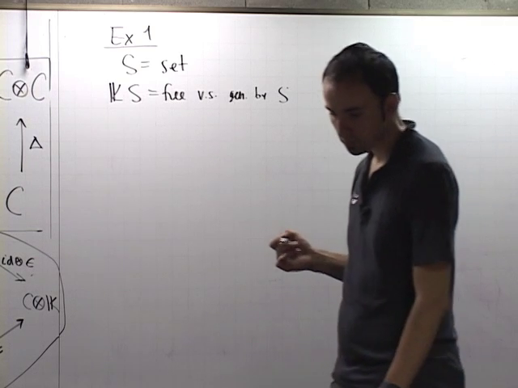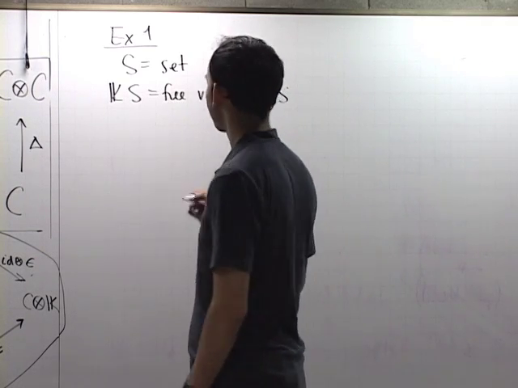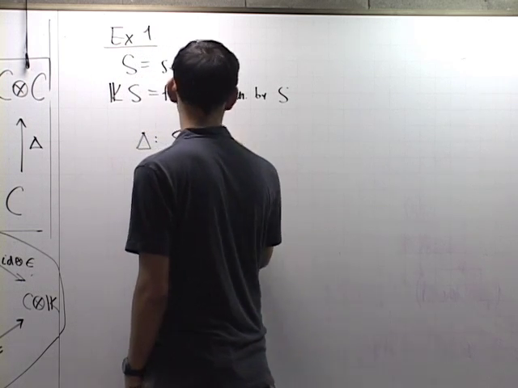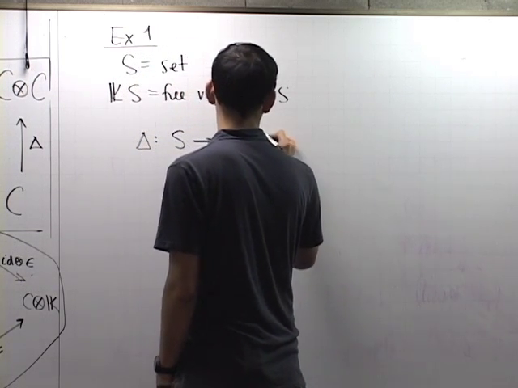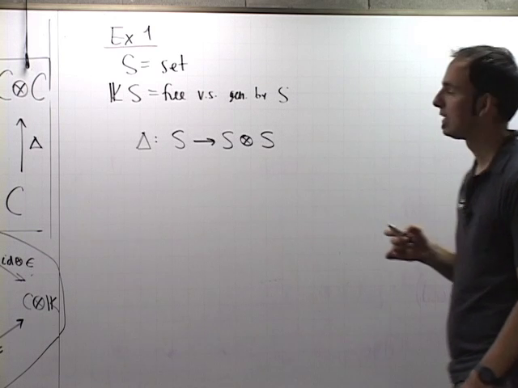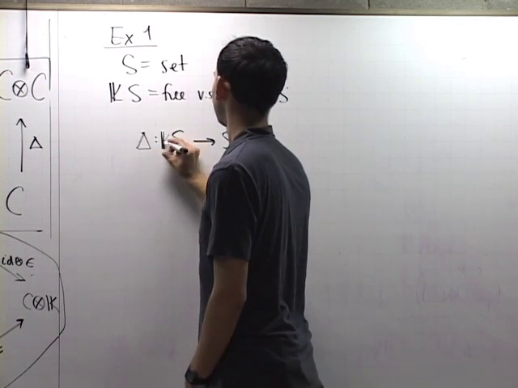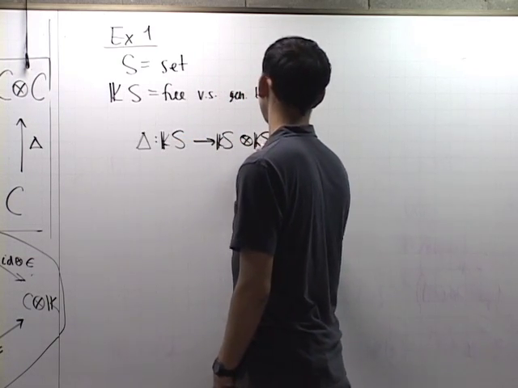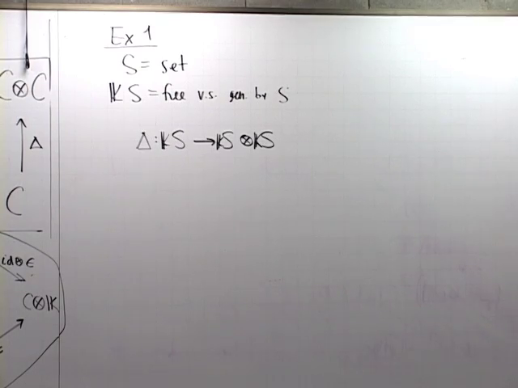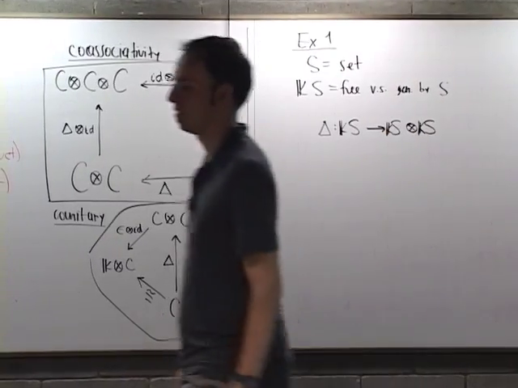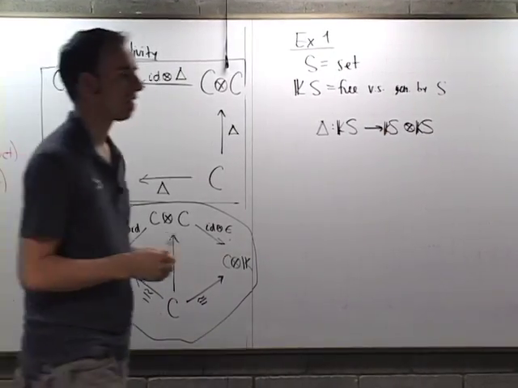Okay? So now I need maps. I need delta from here to here. Now, because this map is meant to be linear, that means I can just define it for generators, and that will define it for everybody.